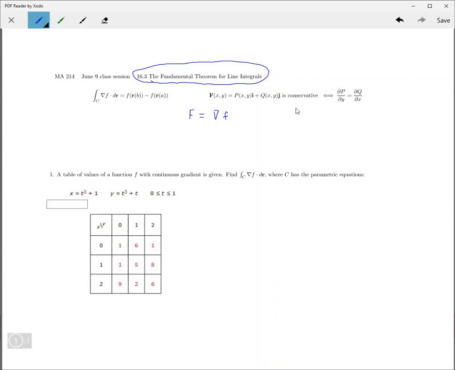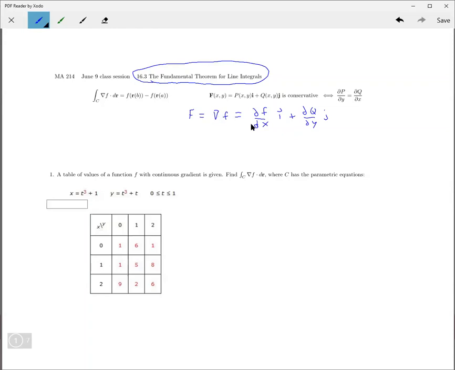is that if this is the gradient of a function, then that means that the partial of f with respect to x is going to be the partial of p with respect to x in the i direction, plus the partial of q with respect to y in the j direction.